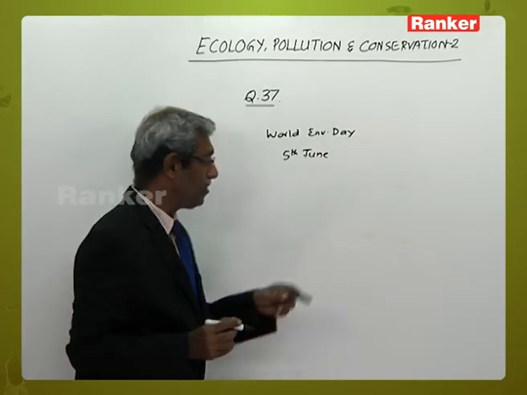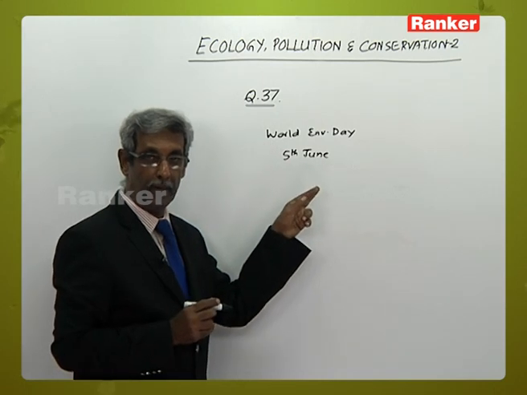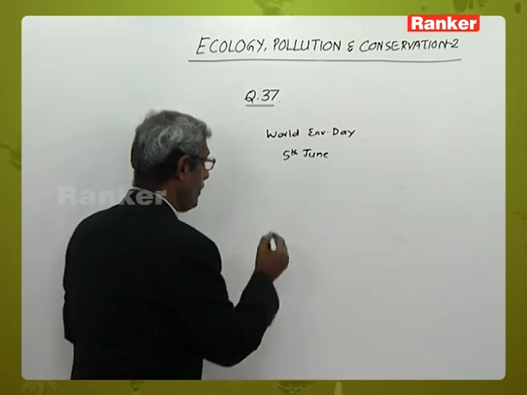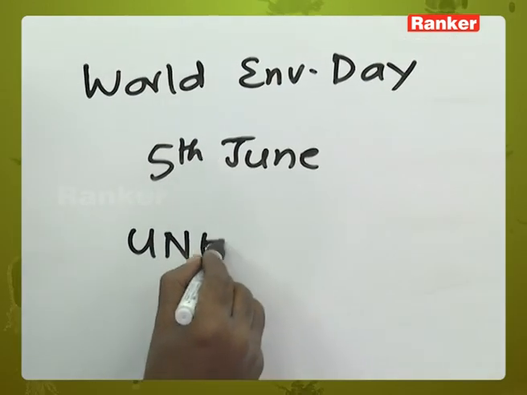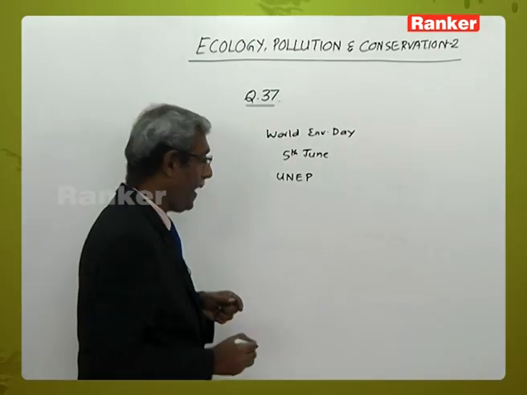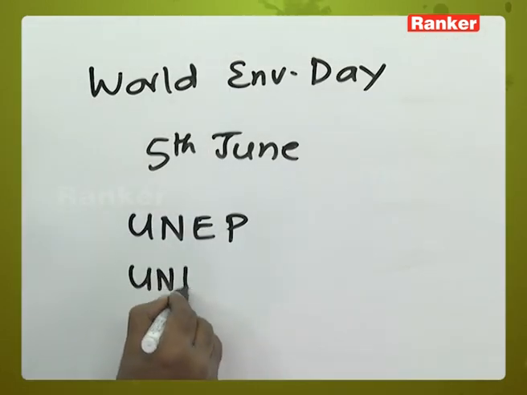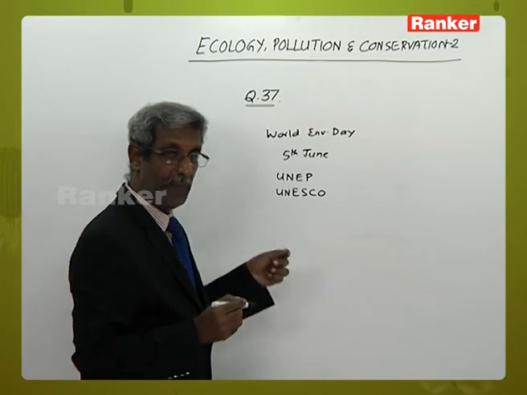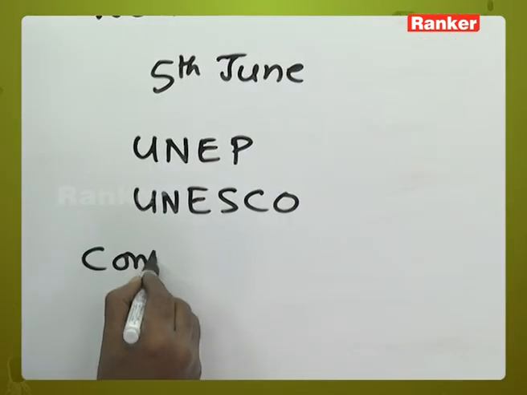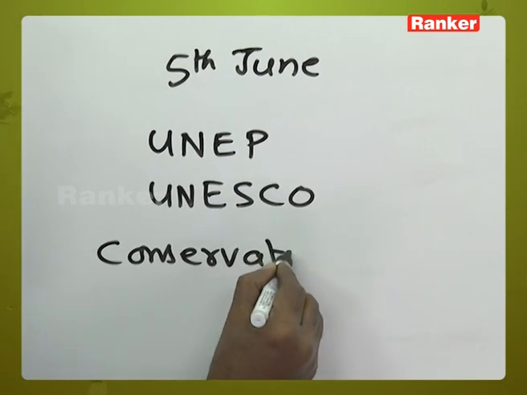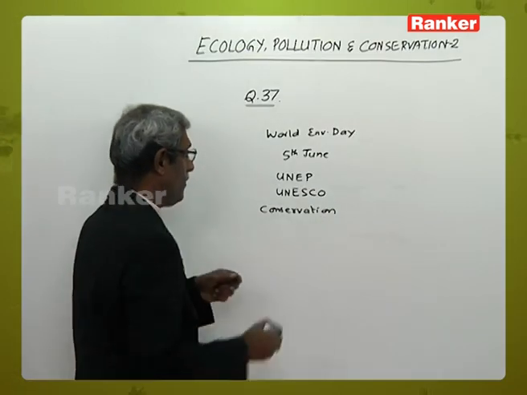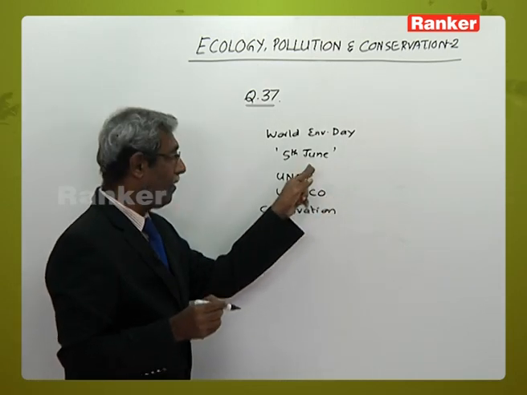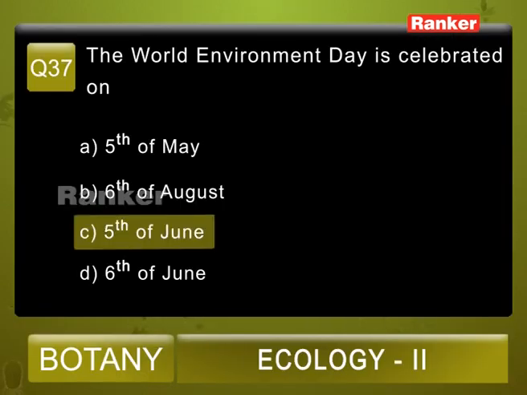World Environment Day is primarily celebrated on 5th June, which is the starting point for the first conference of the United Nations Environmental Programme and UNESCO program, which highlighted the need for conservation. So, 5th June is the normal day when the world celebrates Environment Day. The answer is C.